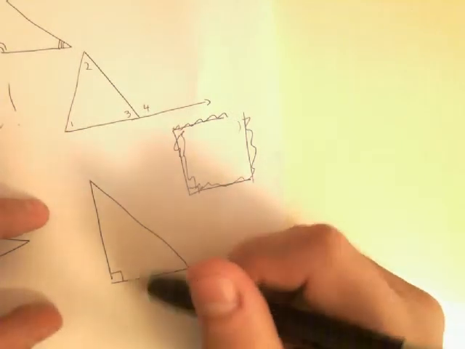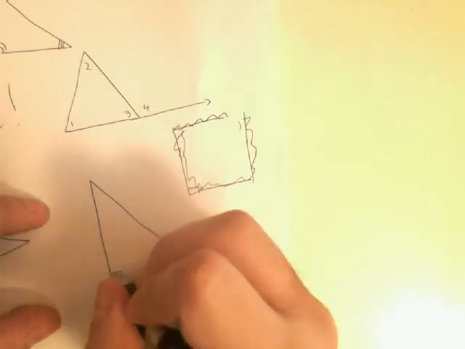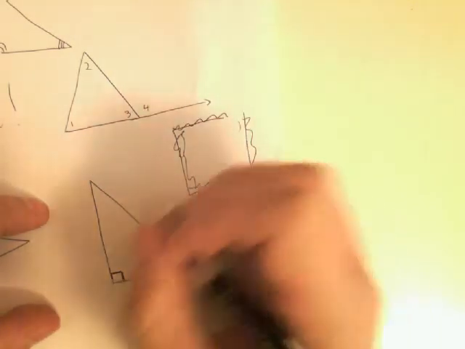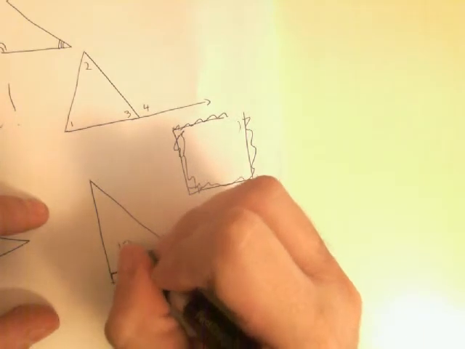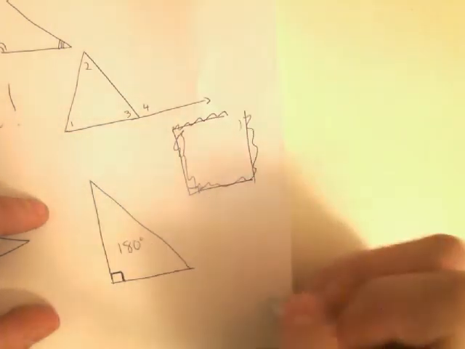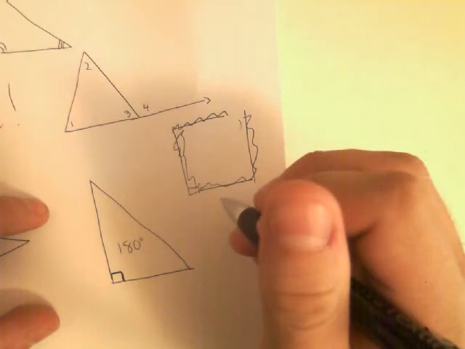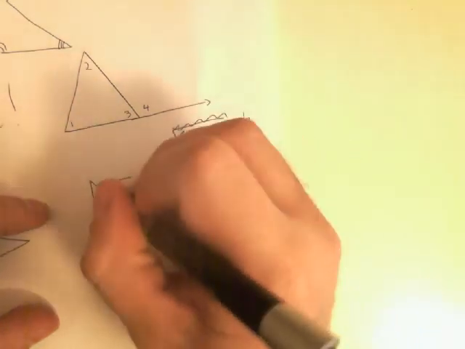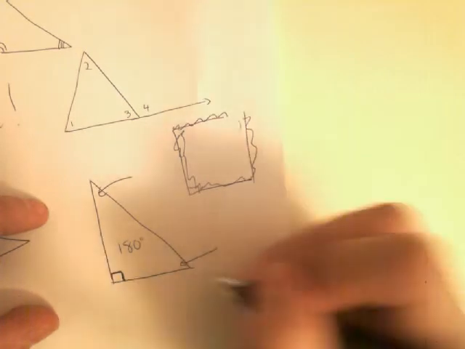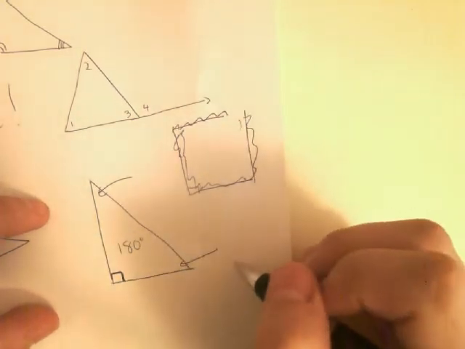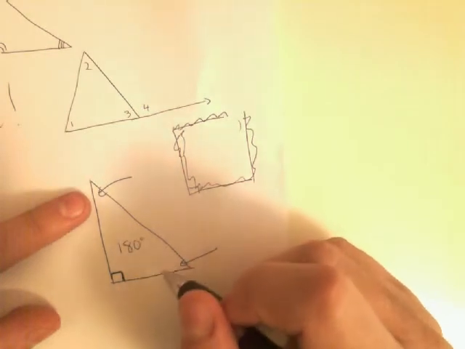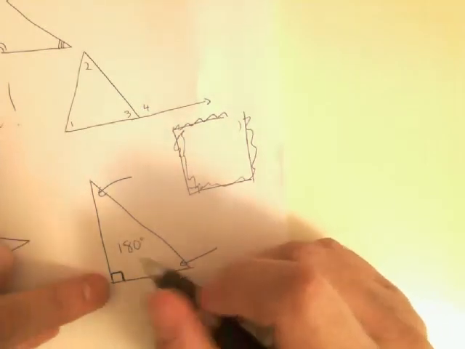So if I know that this angle here is 90, and I know that the sum of all the angles has to be 180, what could I say about these two angles here? Well, I can't know their exact measurement based on what I know here, but I can say something about what's left over.